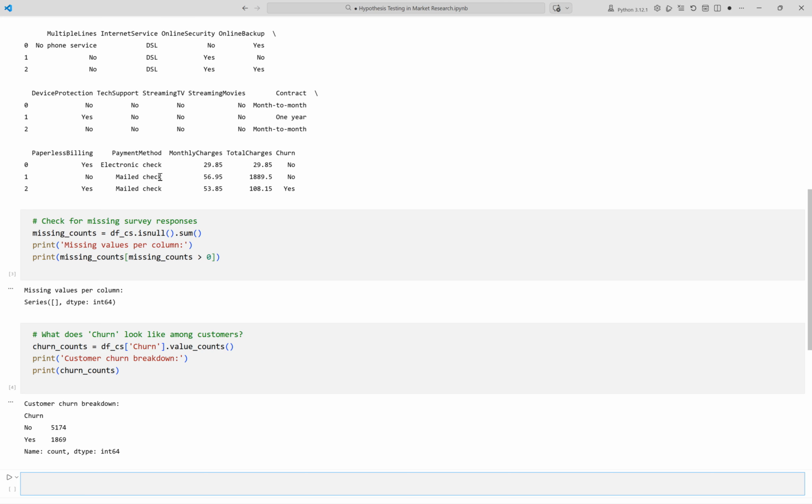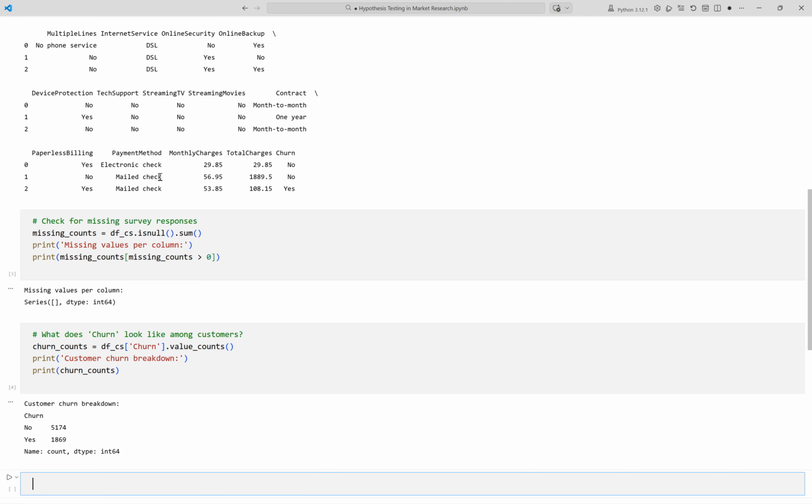This output shows the count of customers who have churned, a yes, versus those who have not, no. Notice there are significantly more customers who stayed, 5174, than churned, 1869, highlighting an important imbalance in the dataset. Understanding this customer distribution is key for hypothesis testing because it ensures we consider group sizes when comparing behaviors or satisfaction between churned and retained customers.